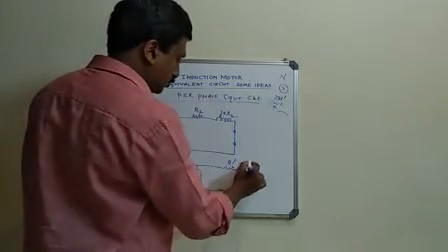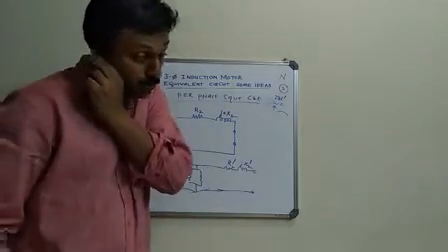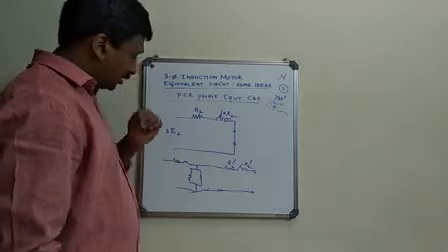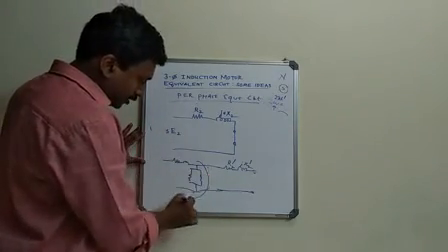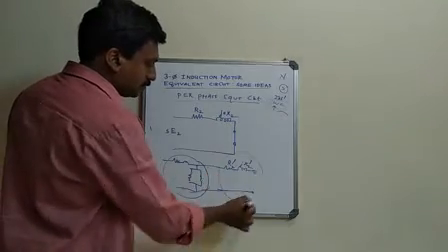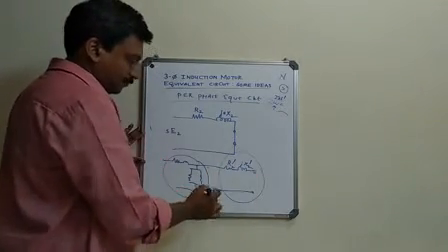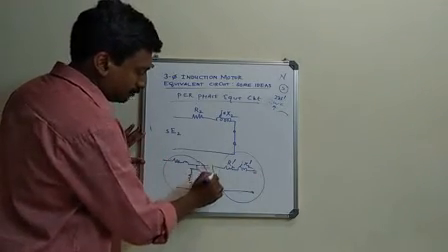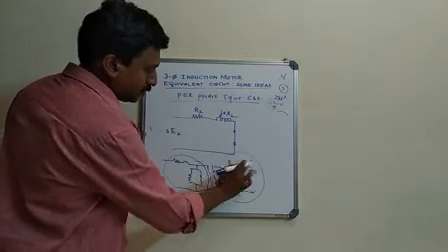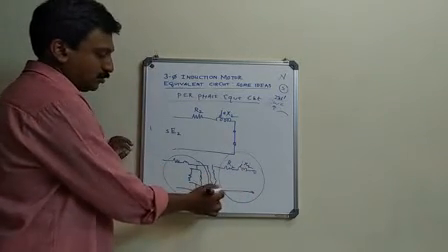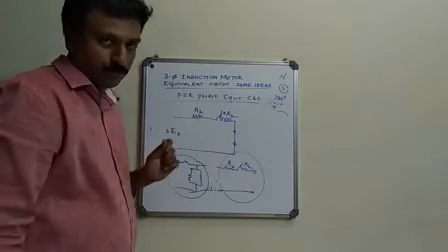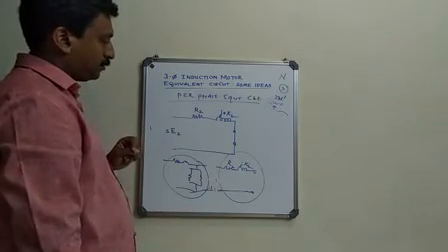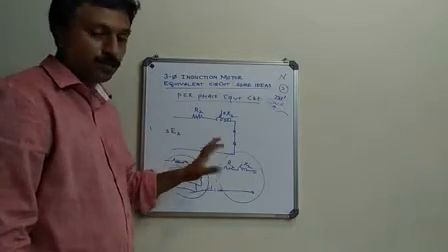You can make it R2 dash, X2 dash, that is R2 by K squared. In the case of a transformer, it is possible because the frequency in the primary and secondary are the same. Even if they are separated, the frequency is the same. So there is no technical problem when you connect both of them as a single circuit.